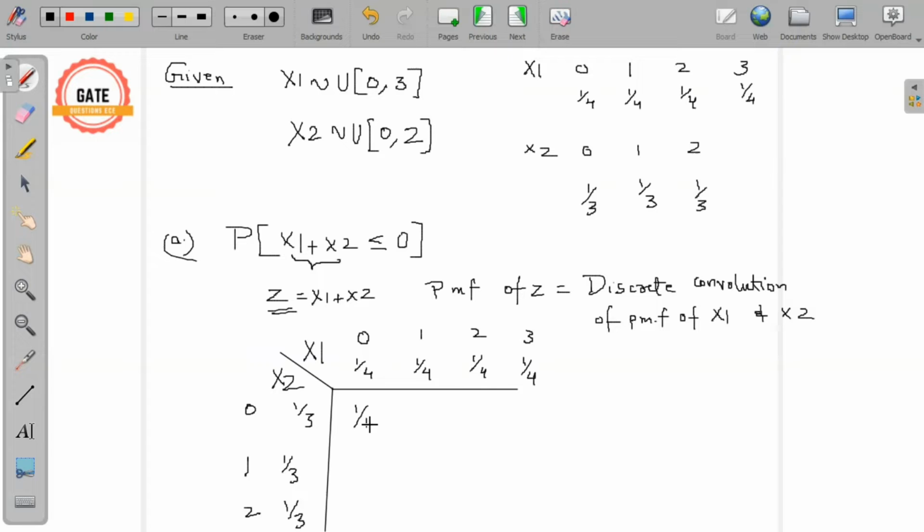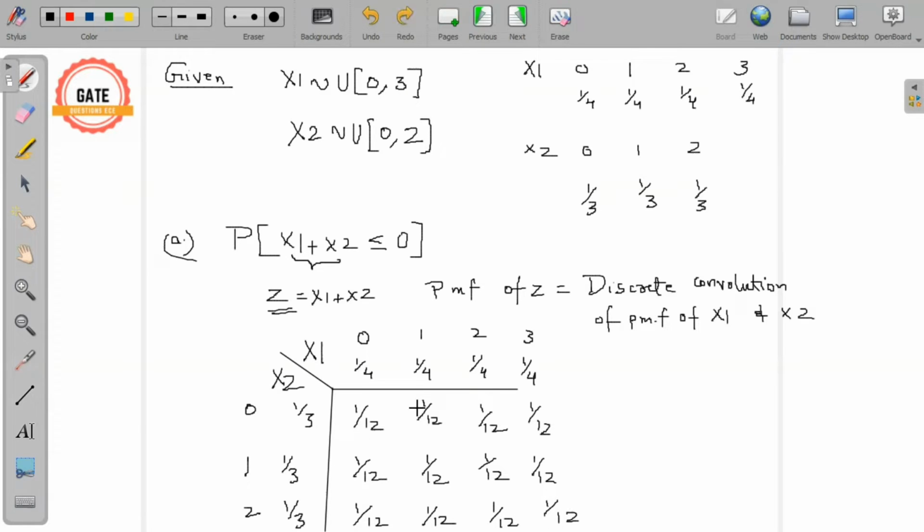So the answer will be 1 by 12 for the first row. Similarly for the second row we multiply this element with all the 4 elements here. So the answer will be the same, 1 by 12. So we can see that all the elements here will be 1 by 12. So we will have 12 elements here, each with value 1 by 12.